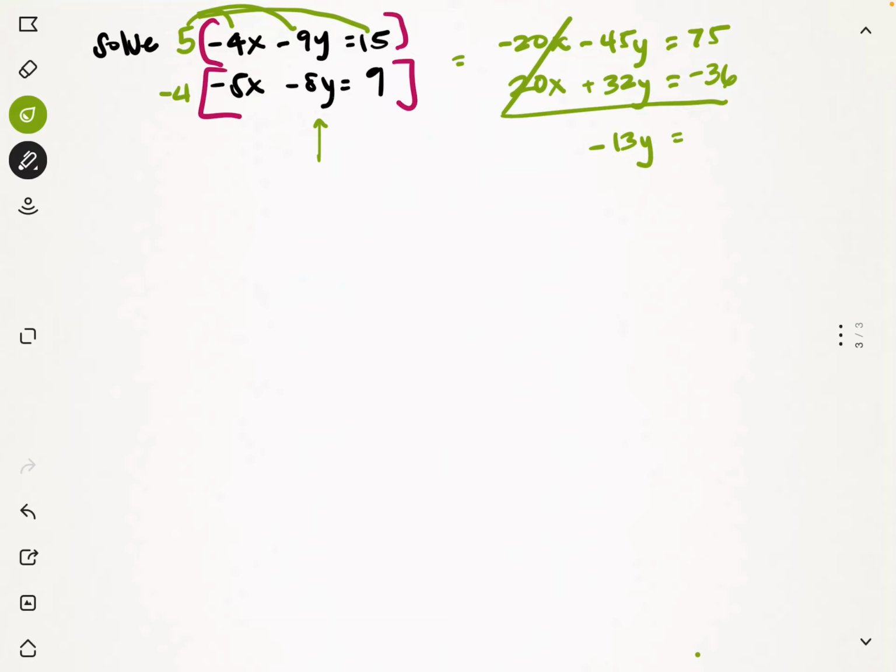And then 75 minus 36, or 75 plus negative 36, is going to give us 39. And then once we've done all that stuff, now it's just a one step. We're going to divide by negative 13. And y is going to be equal to negative 3.